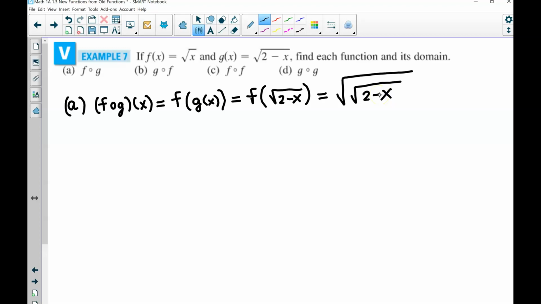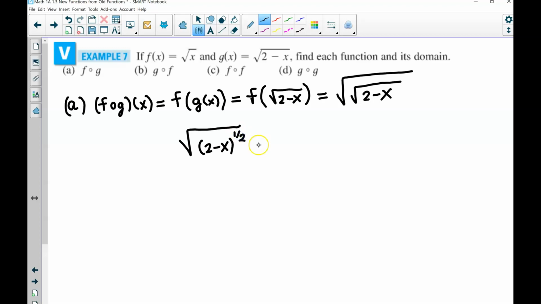Okay, now in other words, we can rewrite this using fractional notation. So what you're seeing here is you have the inside function is the square root of 2 minus x, which is the same thing as 2 minus x to the 1/2.